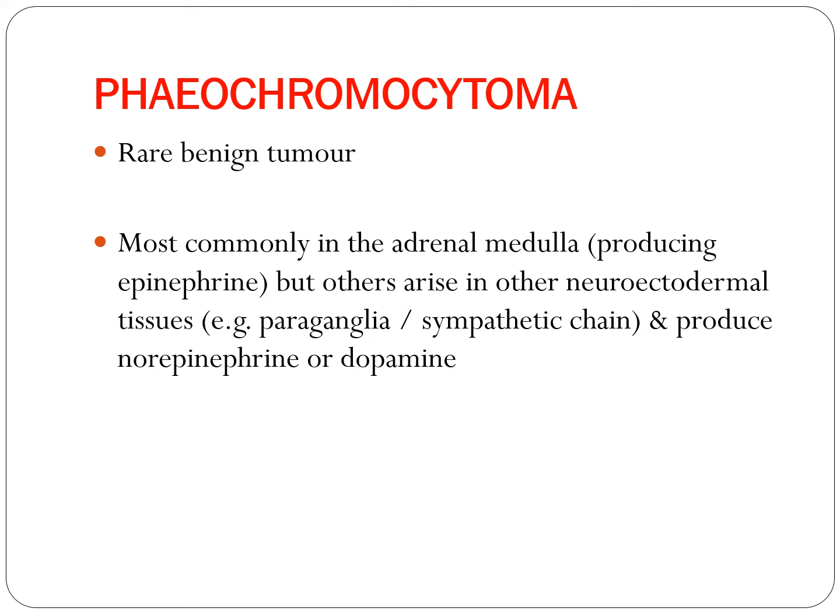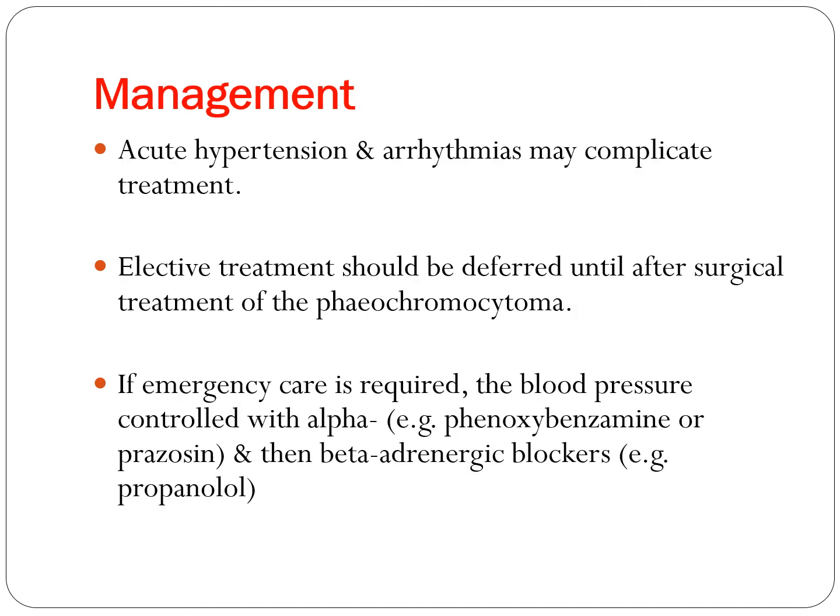Then pheochromocytoma is a rare tumor, most commonly in the adrenal medulla, but others arise in the neuroendocrine tissue and produce norepinephrine or dopamine. The management is acute hypertension, which may complicate things, so reduce the hypertension.